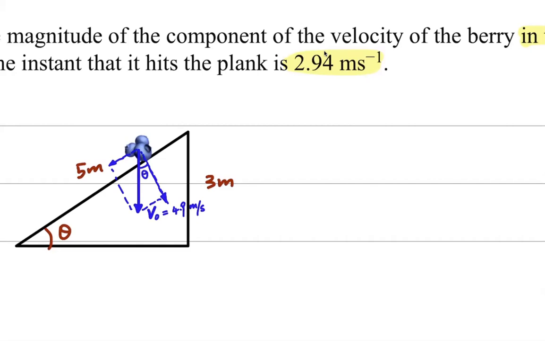One direction is perpendicular to the plank. Another direction is running along the plank. So I guess this side over that side is sine theta, and this perpendicular side over the velocity is the cosine theta.